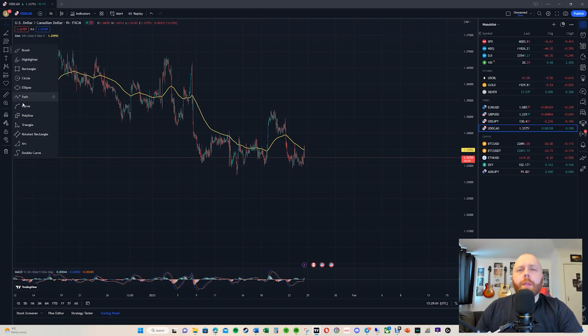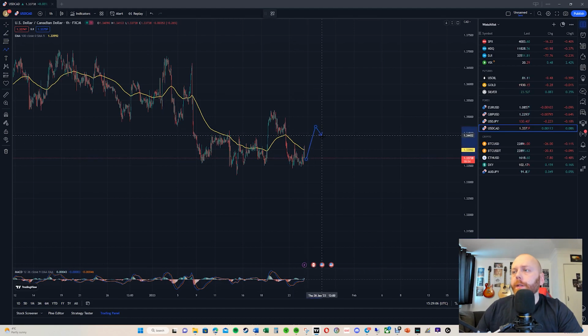I don't really use anything else in here other than this path. Now the path basically allows you to draw a path as an arrow, and to do that you just click the left button on the mouse once, click again for the new direction, click again, and then once you're done, you double click and it'll be there like that.